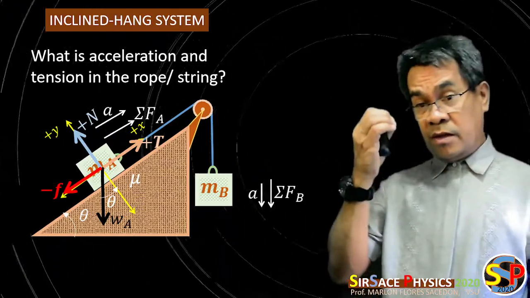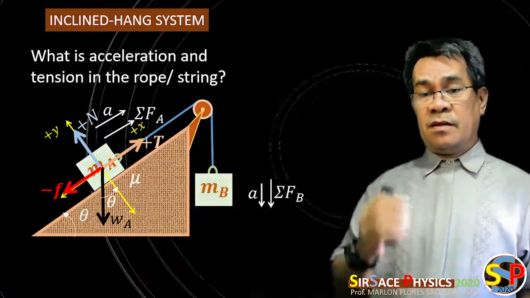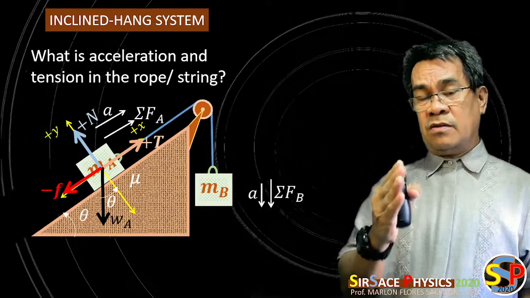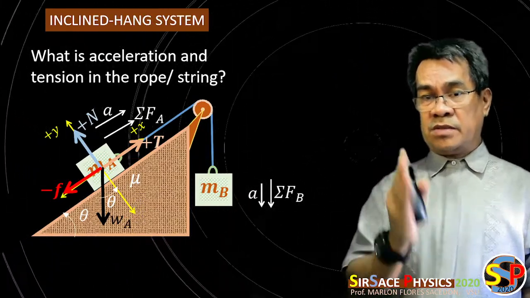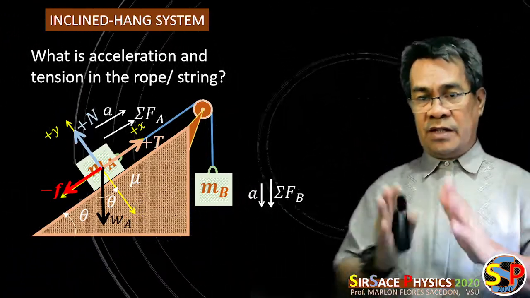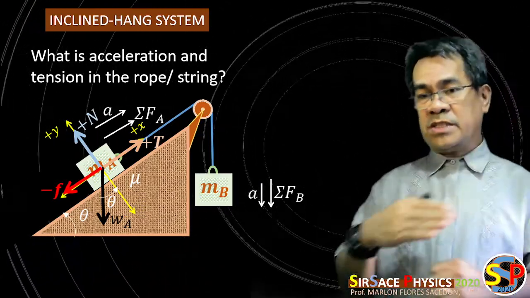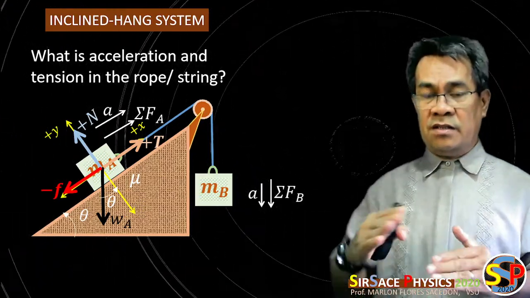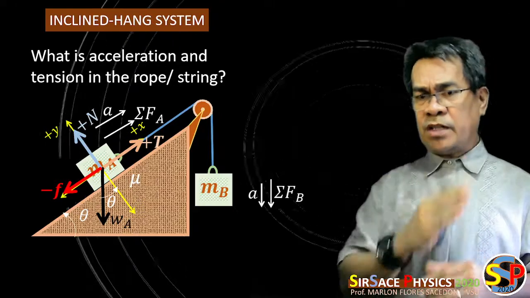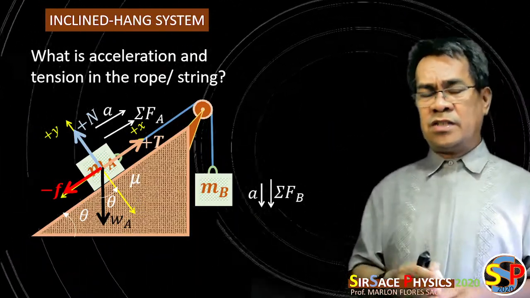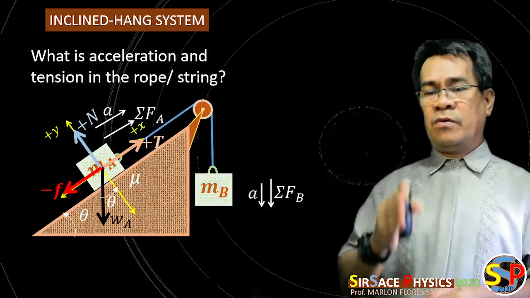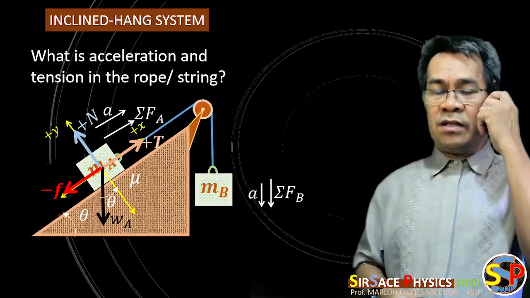If the angle is 0, then the angle of W with respect to the y-axis is also 0, and the surface becomes horizontal. So it is very important to know that whatever the angle of inclination will be the angle of the weight with respect to y.